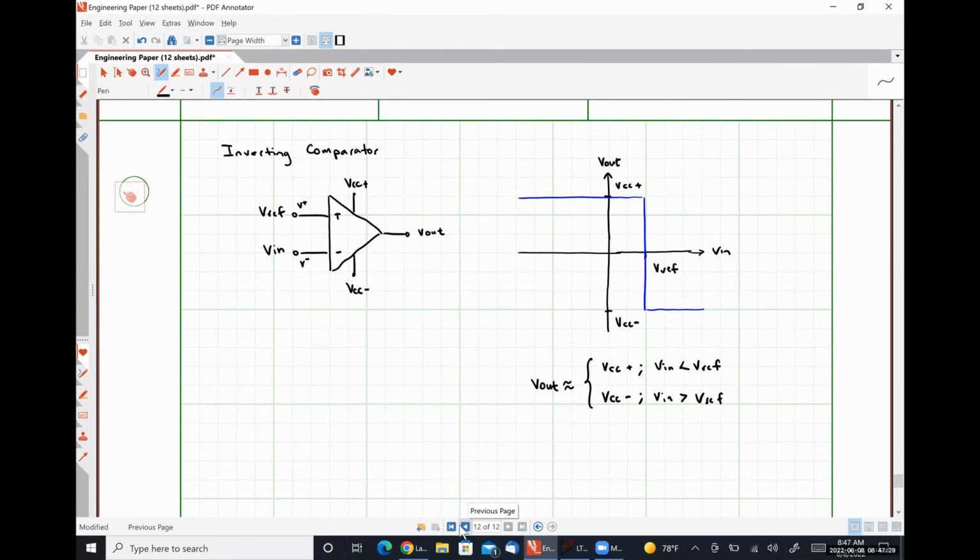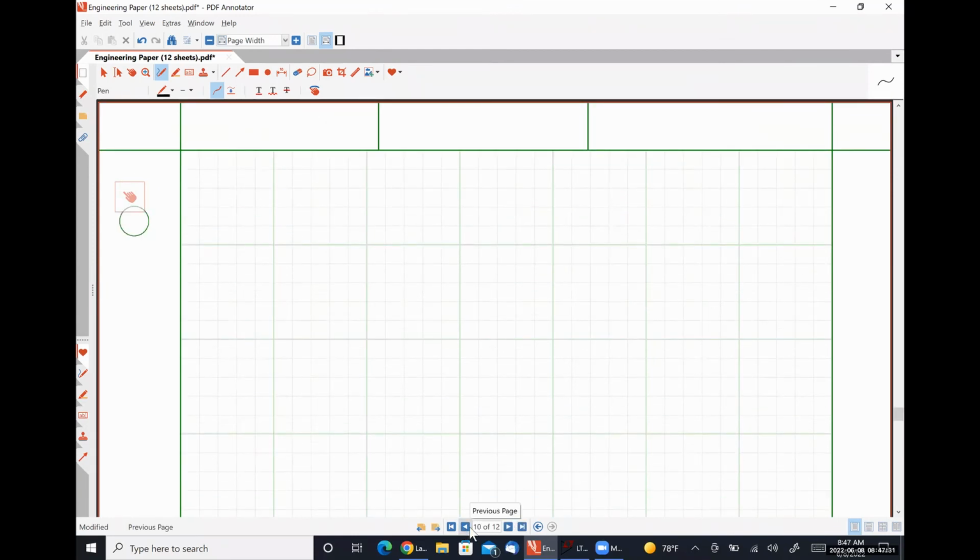So what we can do instead would be to use a resistive network. So let's do a little design problem here, and then I'll give you a better explanation of what I'm looking for, okay?